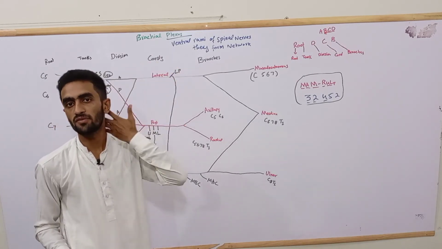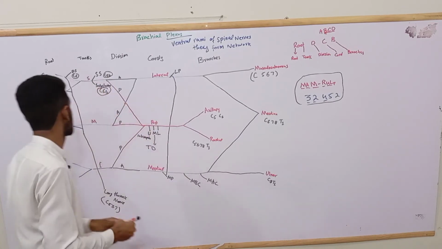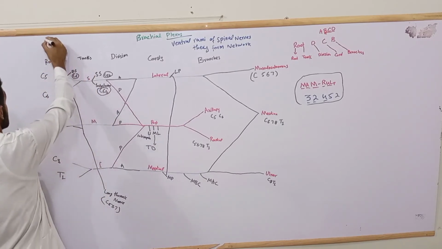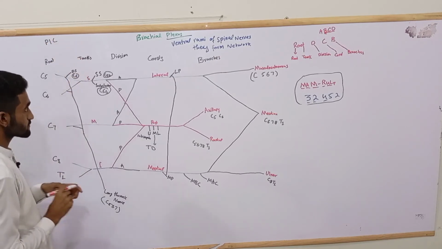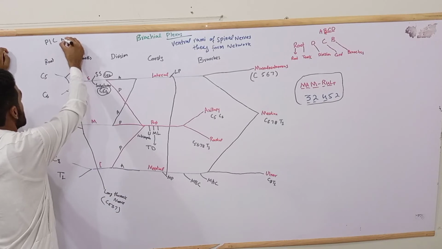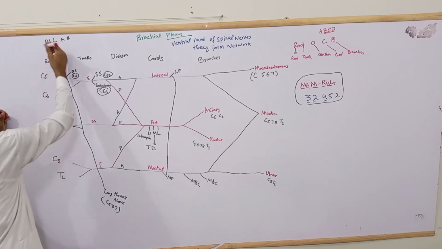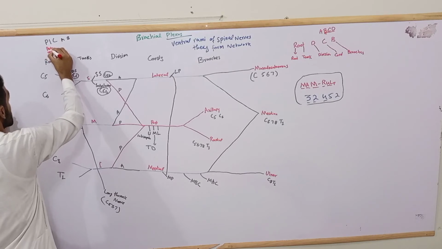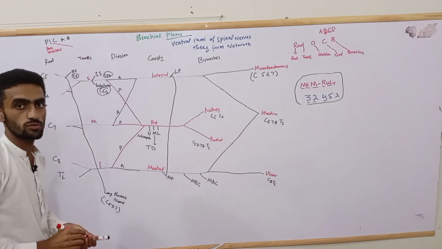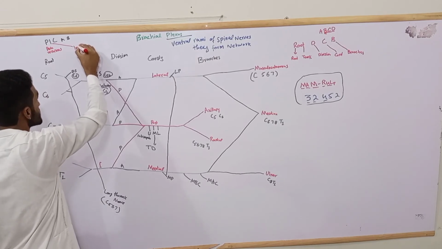Because they are coming from the posterior triangle, I use a trick: PIC and PAB. PAB, what does it mean? P represents paravertebral, so the roots are coming from the paravertebral region. I represents interscalene, because between the two muscles, anterior and middle scalene, is the interscalene space.